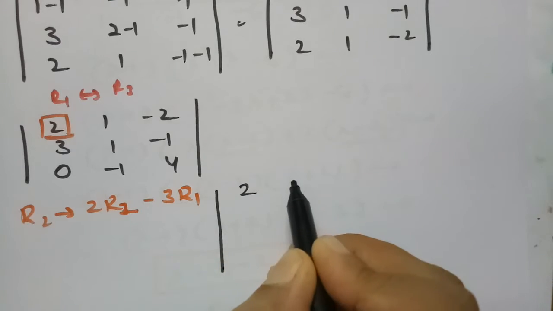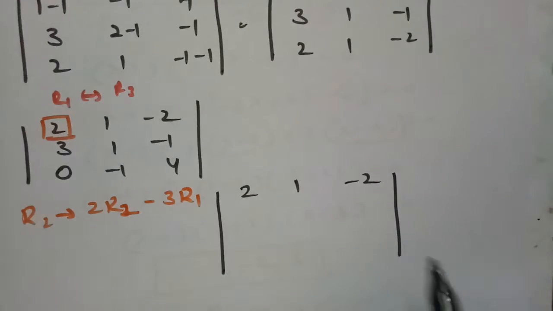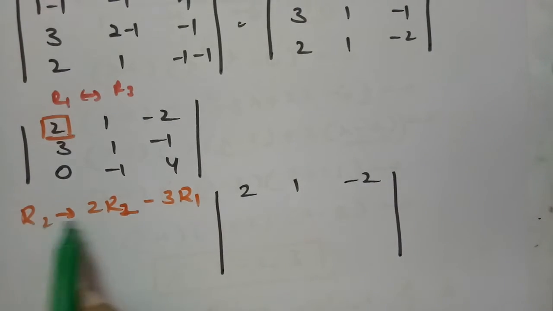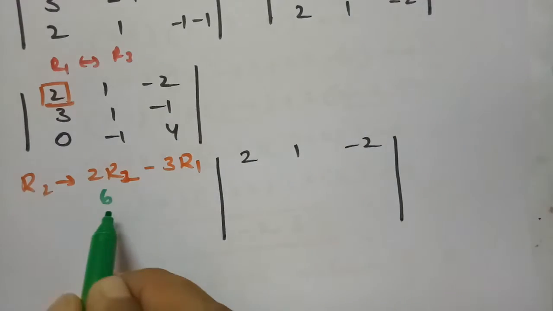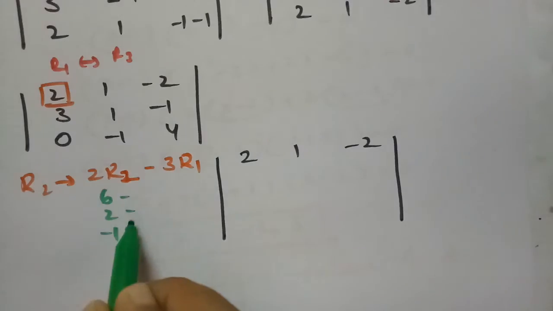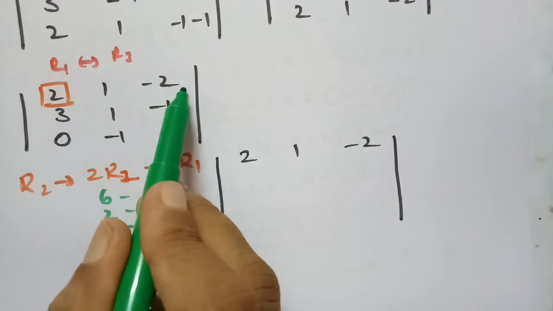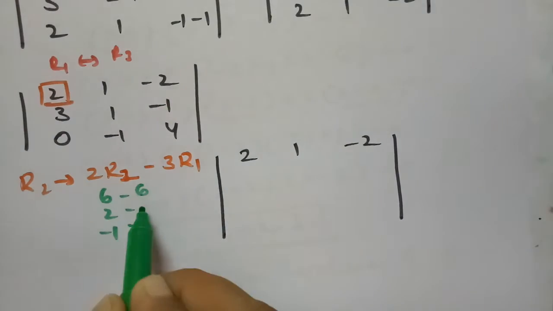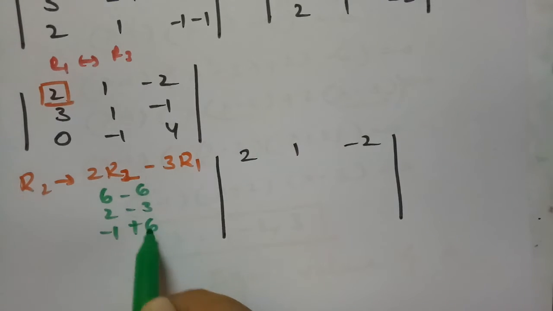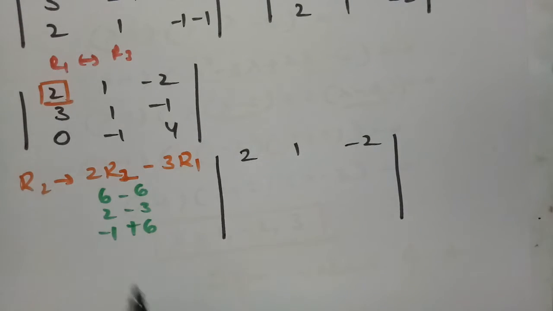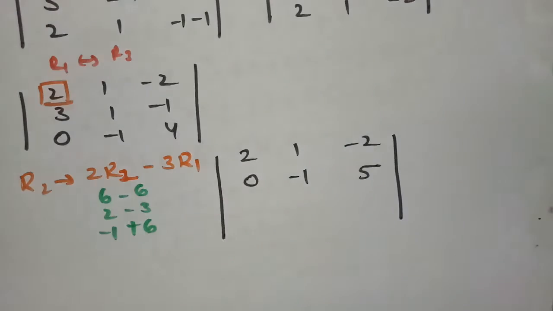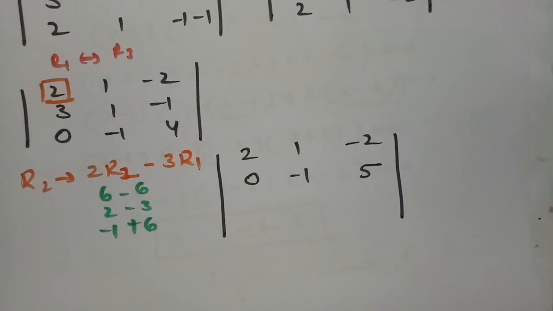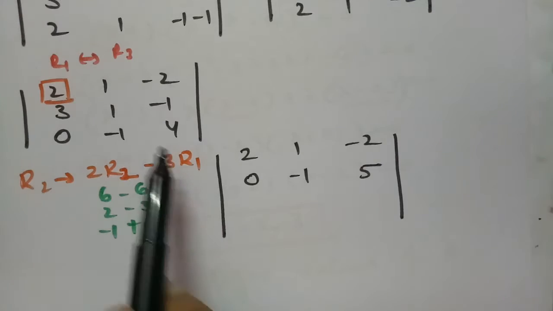So row 1 is as it is, 1 2 minus 2, and row 2 is 2 R2, so we have to multiply with 2, that is 6 2 minus 1, and I have to multiply row 1 with 3. So this is again 6 3 and this is plus 6 and see what happens here. 6 minus 6, this is 0, this is minus 1, this is 5.